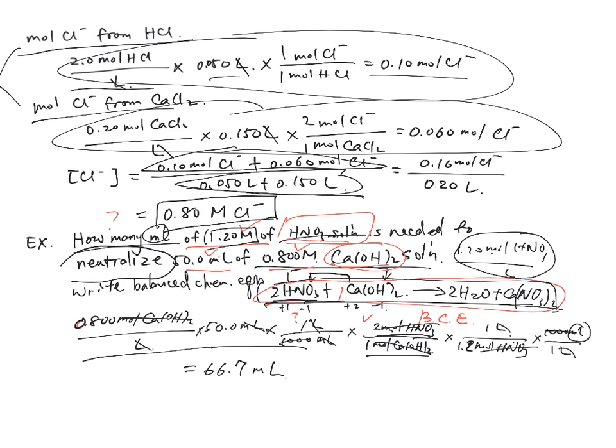I don't care if you have a precipitation reaction. Solution chemistry calculations regarding double displacement reactions are pretty much all the same. Get your balanced equation and use the concentration and volume of the solution provided to you carefully, following this setup using your molar ratio. You can always get the right result.